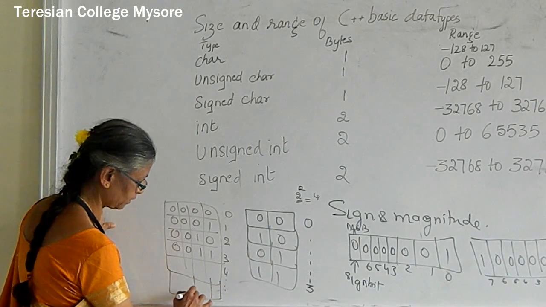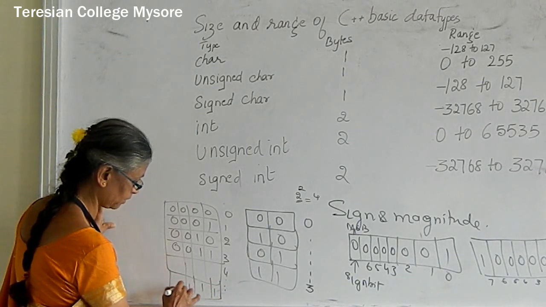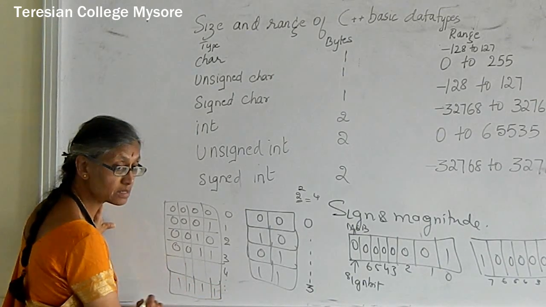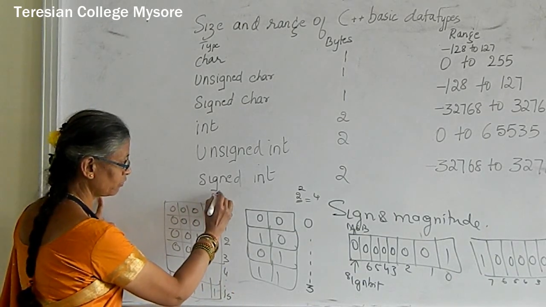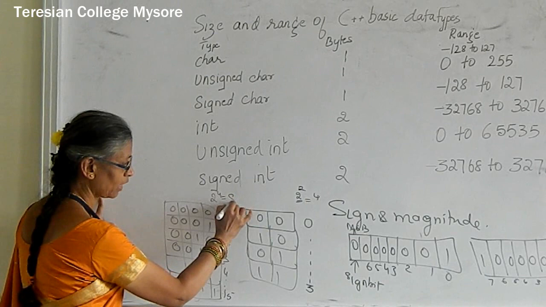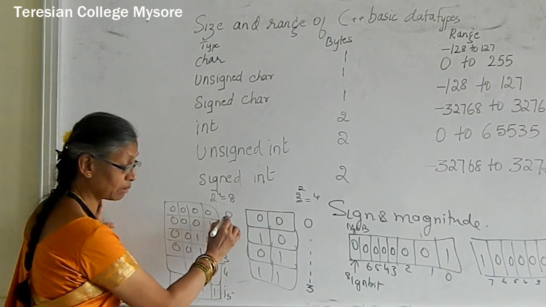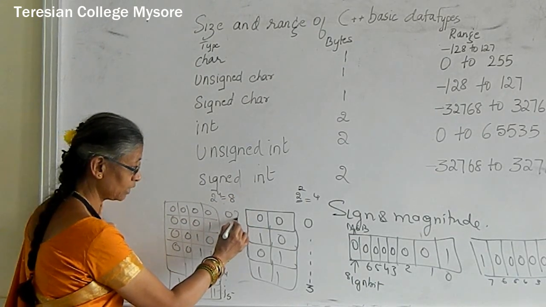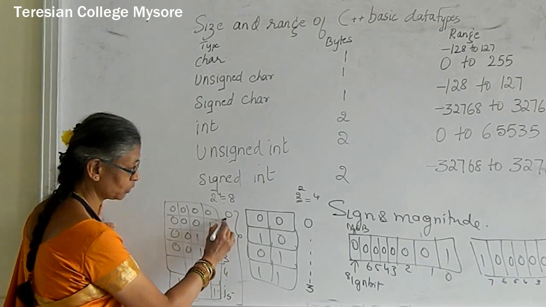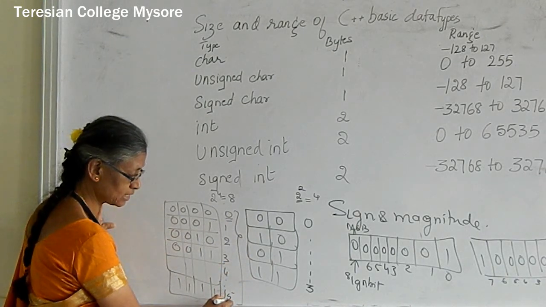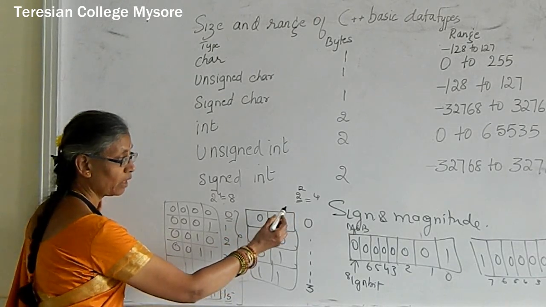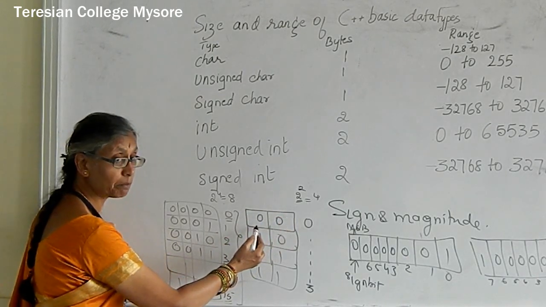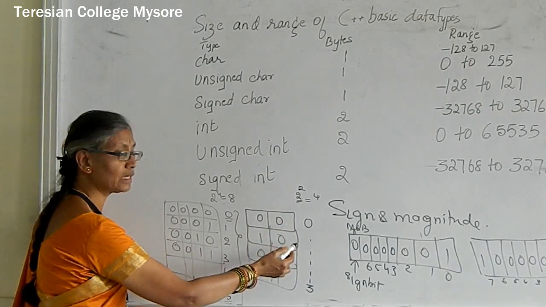With 4 bits, the largest number you can represent is 15. So 2 to the power of 4, you can have 16 combinations. 16 numbers can be represented, and the lowest value you can store is 0.